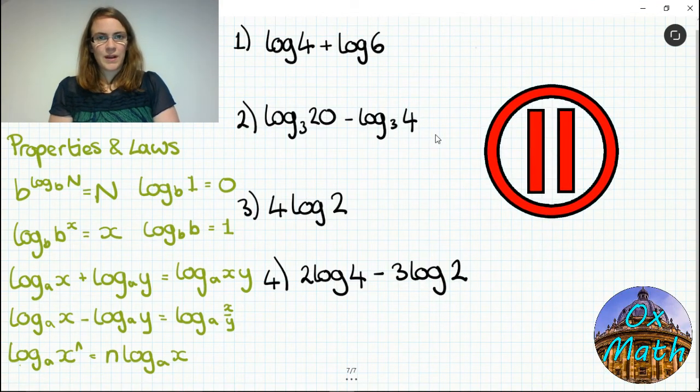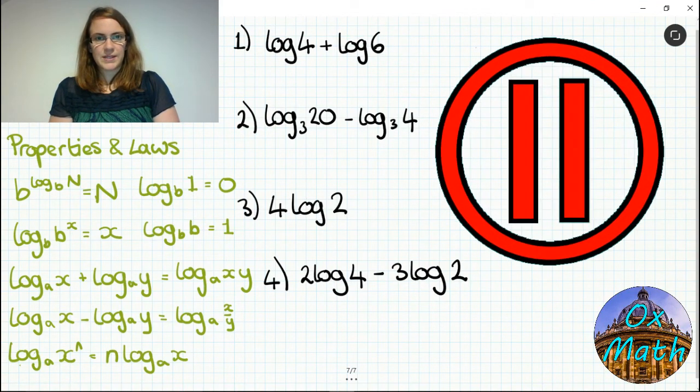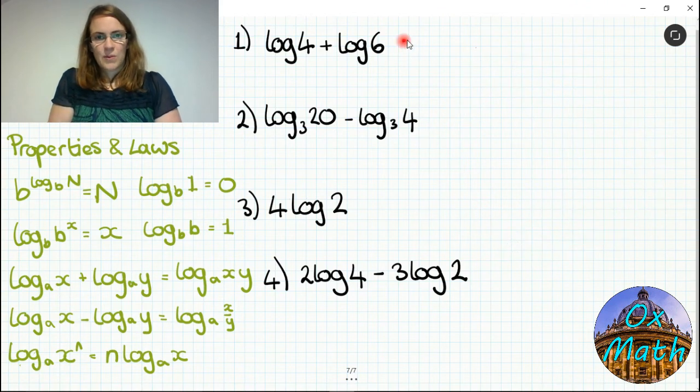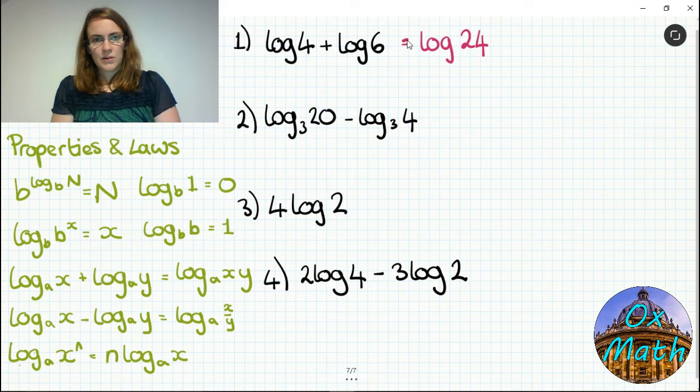So pause the video and have a quick go at these questions to check that you understand. So we've got two log base 10s added together, because remember when there's no base written it's log base 10, so we can combine that into a single log base 10 by multiplying the numbers, and 4 times 6 is 24. So log 4 plus log 6 is the same as log 24.